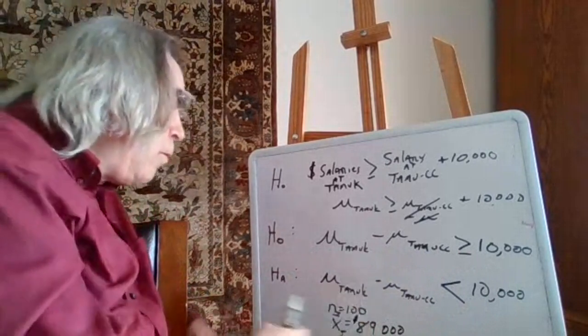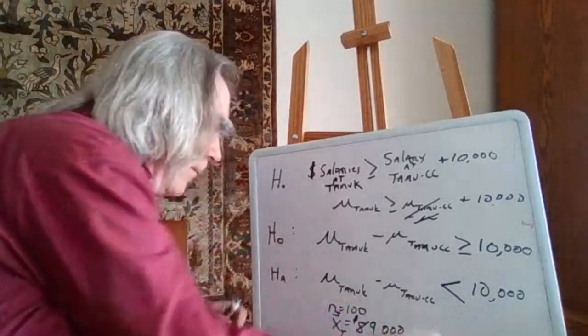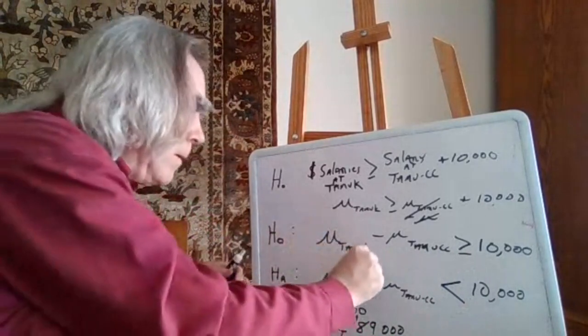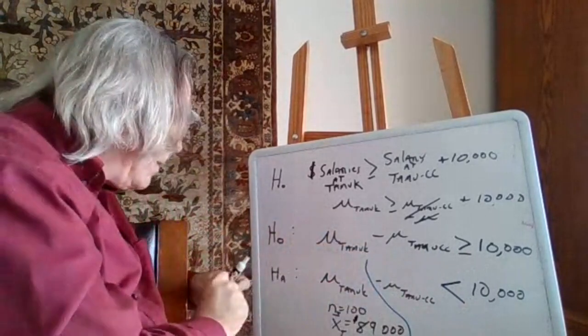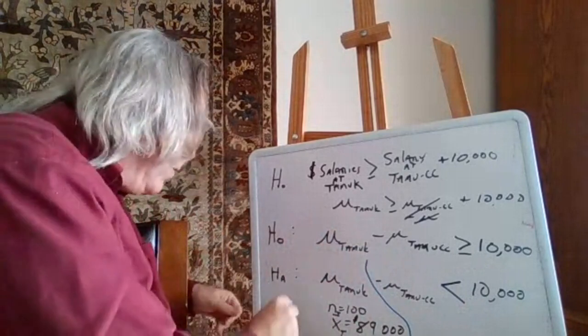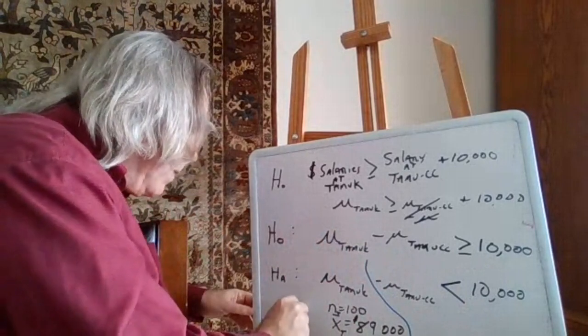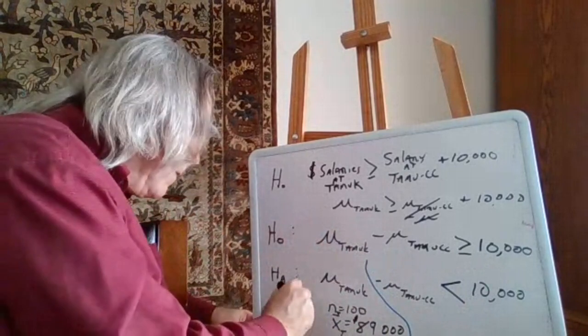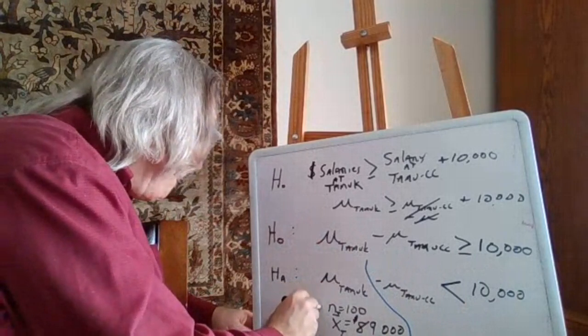So we took this sample, and let's assume that we knew that the sigma was 4,000.